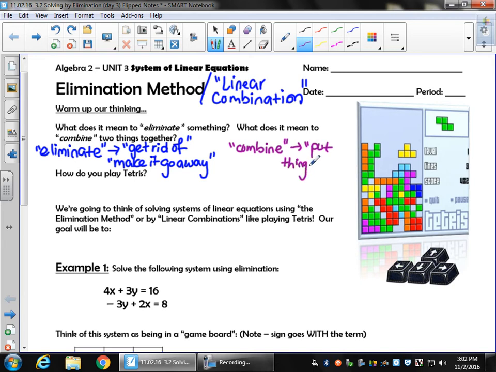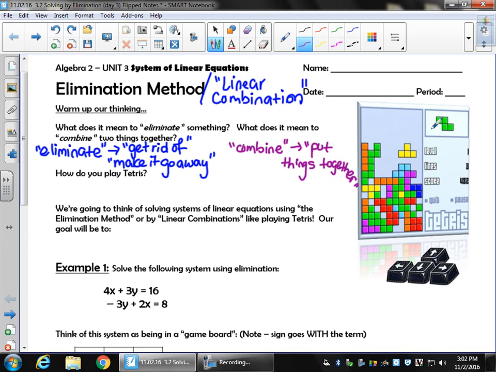And again, these are very informal definitions. By the time we're done today, the goal will be to make a connection between why we can call this elimination, which means get rid of something or make something go away, and why this same method can also be called linear combination, where things are put together.